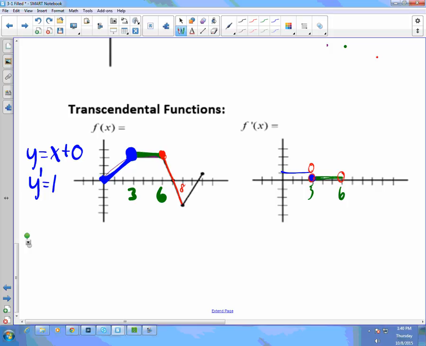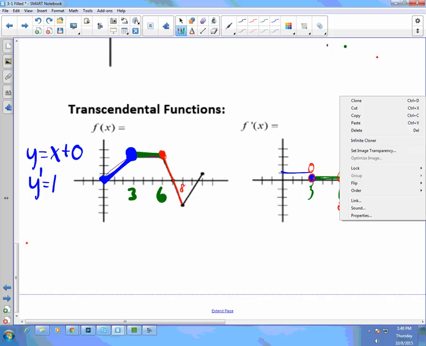Down 3 over 1, so that would be what slope? Negative 3, which is going to be down here, constant at negative 3, with an open circle, to 8. And is it supposed to be in the negative area?